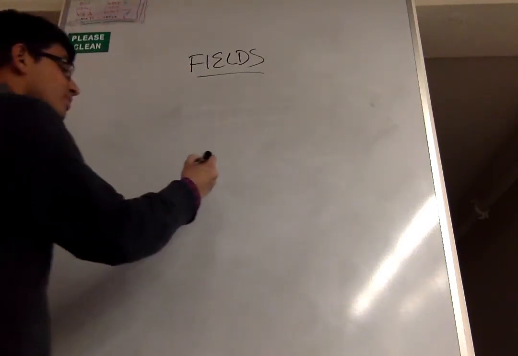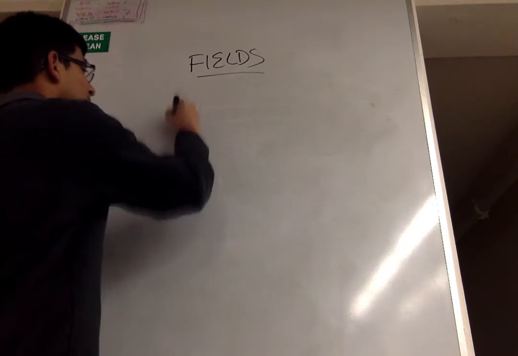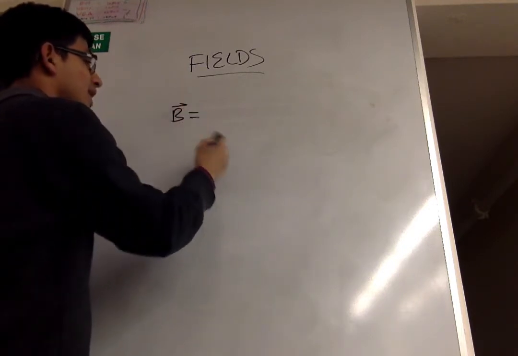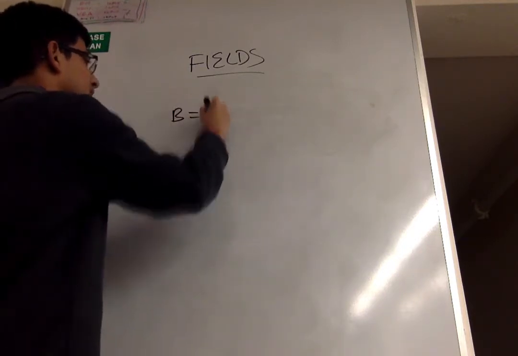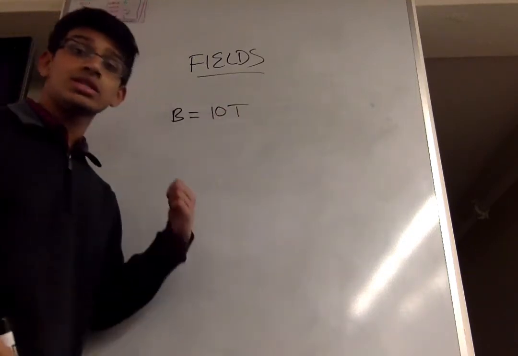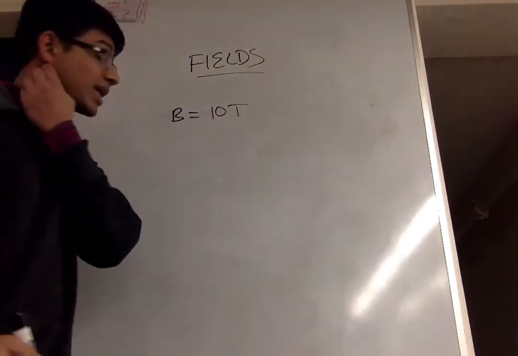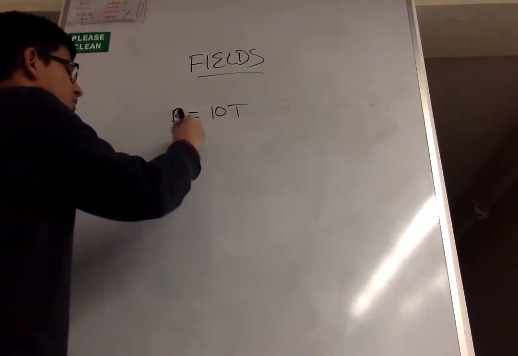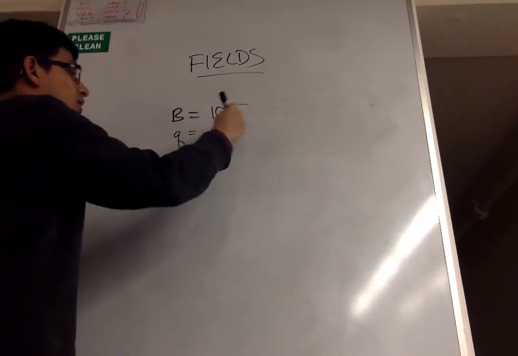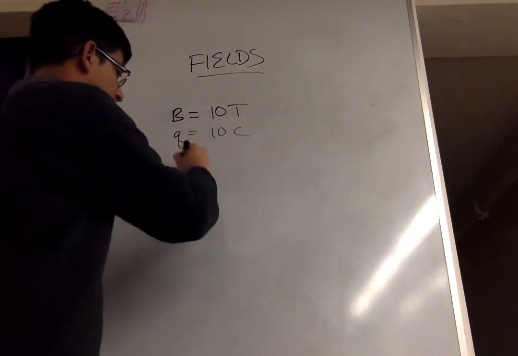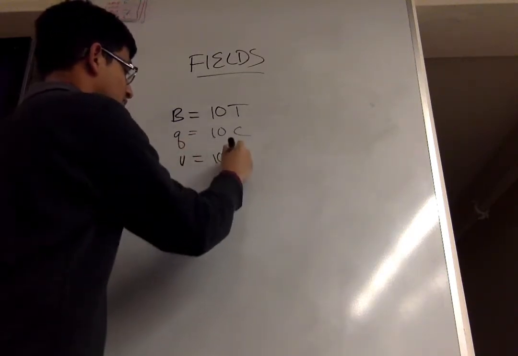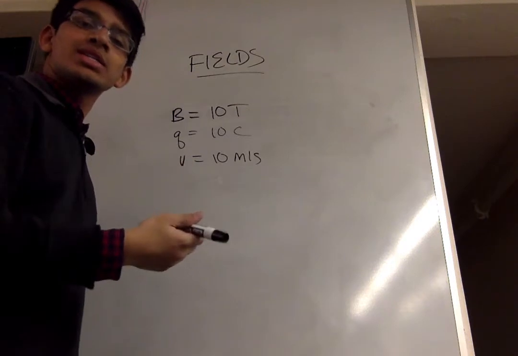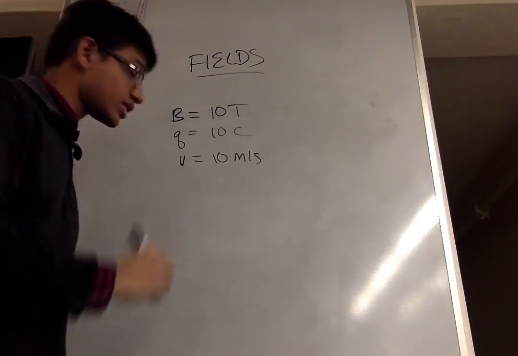So suppose we have a magnetic field with magnitude, say, 10 Teslas, which is the SI unit for a magnetic field. And suppose we have a charge of 10 coulombs moving at 10 meters per second. What is the magnitude of the force exerted on this?